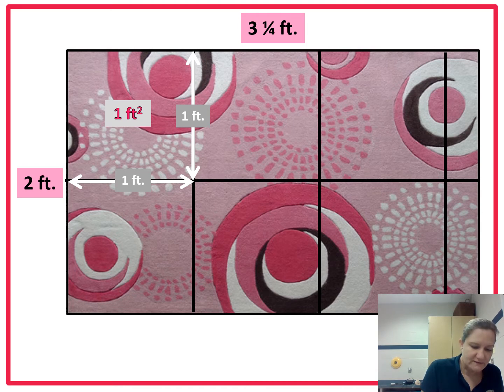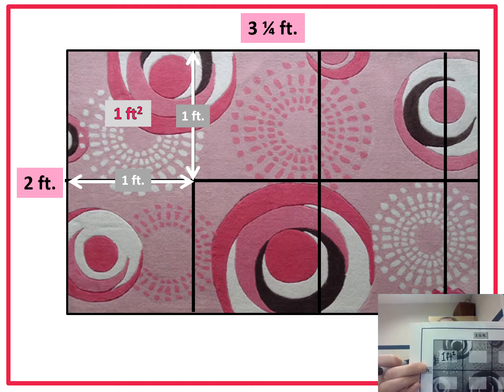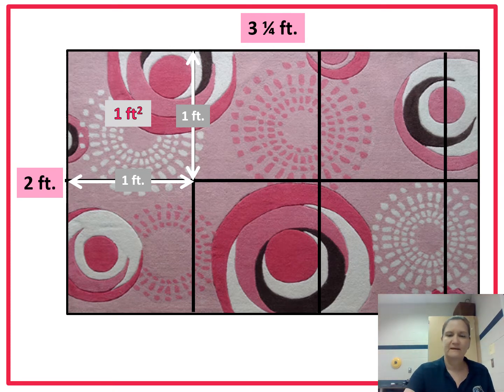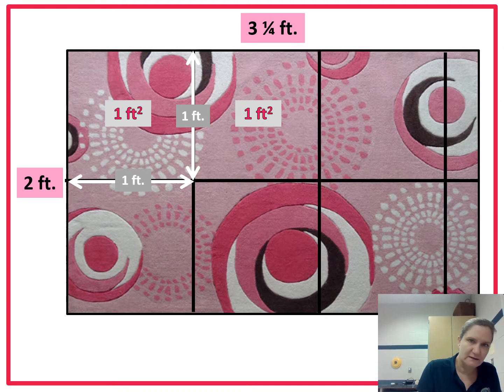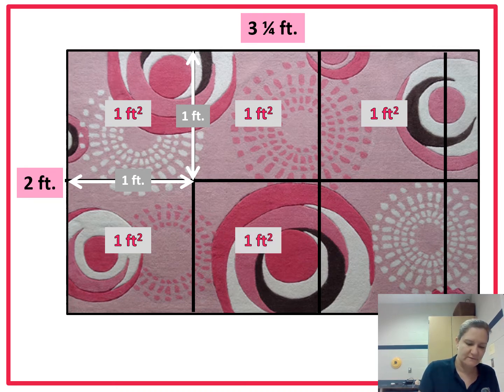So I'm going to write this down, 1 foot squared. On your paper, you want to write 1 foot squared, and then right next to that, 1 foot squared. Notice how it's a square. 1 foot squared, 1 foot squared, and 1 foot squared.